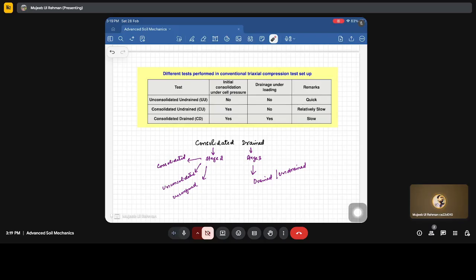If the rate of loading is high, even if it is a permeable soil, there may be cases where pore water pressure will generate. So we have to take care of the rate of loading also, and that is the reason this test is slow.